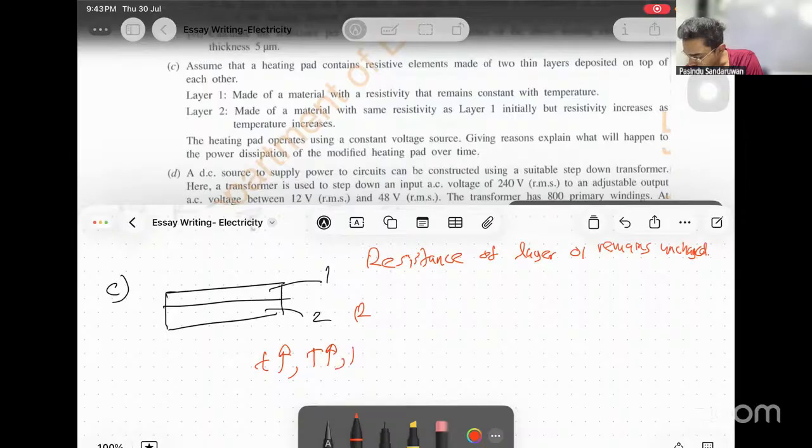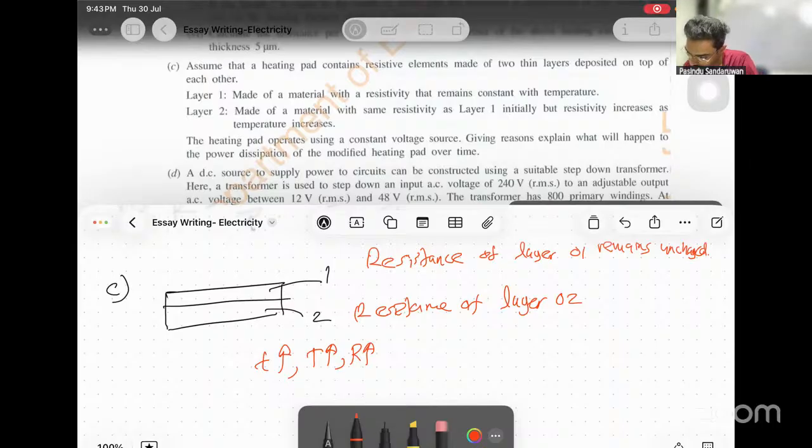When temperature increases, resistance increases. So the resistance of layer 2 increases over time.